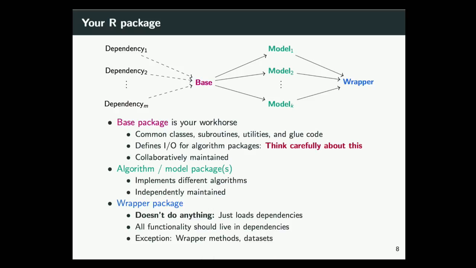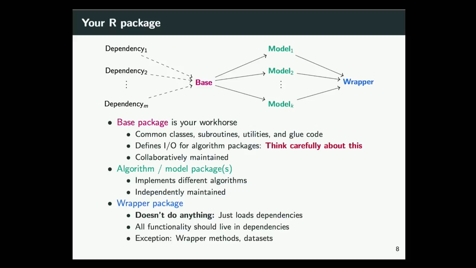So let's abstract this away a little bit. You're making your own R package. You've been inspired by me here, and so you have something that looks like this. The base package, which would have been sparsebnUtils, is your workhorse. This defines all your common classes, subroutines, utilities, glue code, all of that. So you want to think very carefully in advance about what is common in your package that everything is going to have to use, so all your classes and whatnot.